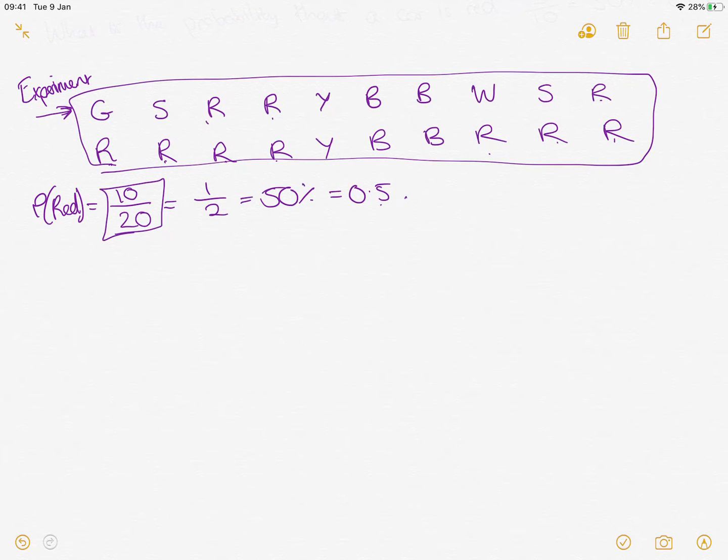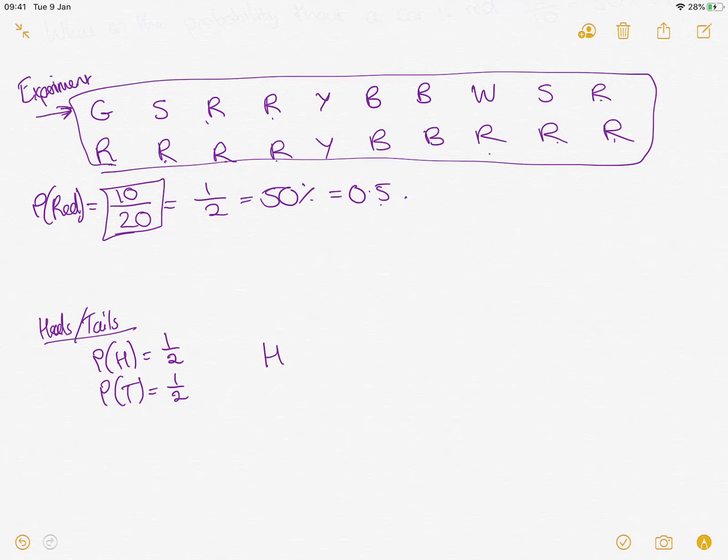So say I had heads or tails, then my theoretical probability is that if I get a heads, then it's a half. If I get tails, it's a half. Well, we know that, say I flip the coin 10 times, I'm not necessarily going to get 5 heads and 5 tails.